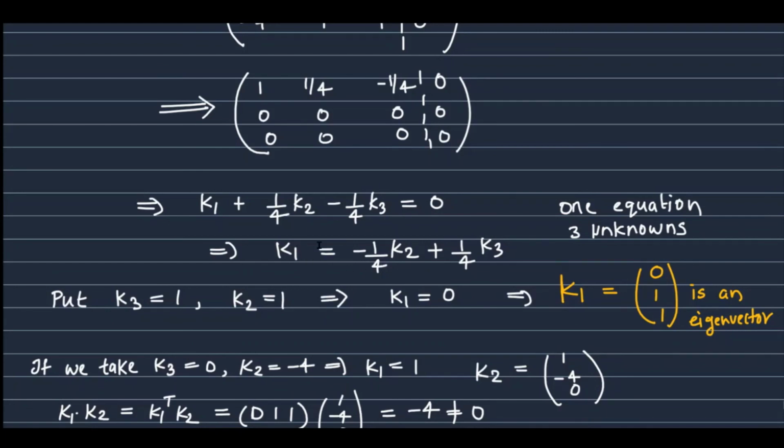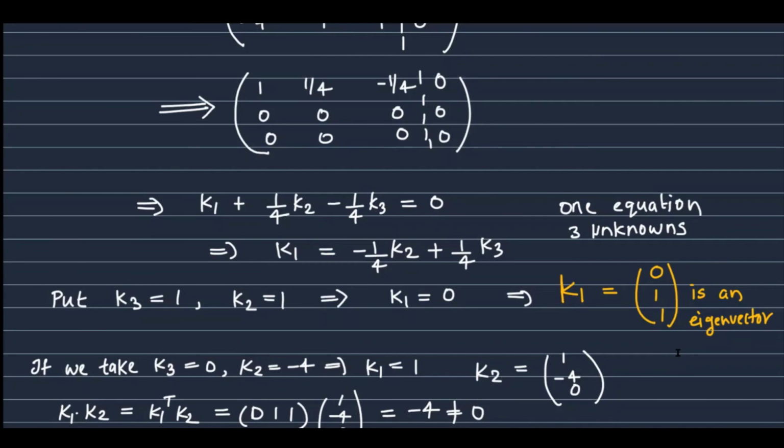Here we have one equation and three unknowns, so we have to put arbitrary values. If we put k3 equal to 1 and k2 equal to 1, we get k1 equal to 0. We denote this by capital K1: 0, 1, 1, which is one of the eigenvectors corresponding to the repeated eigenvalue minus 9.